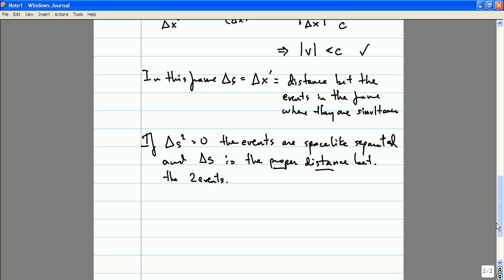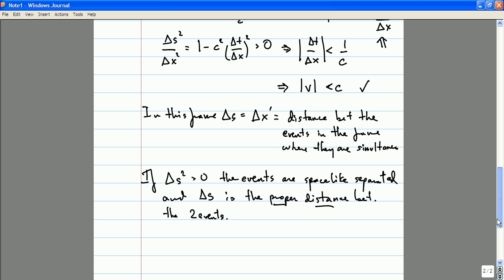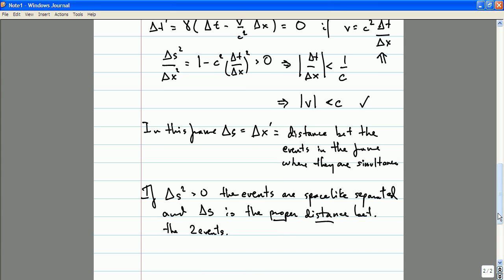Yes? About that, like before that, is the delta T over delta X epsilon over C? Yes. Then shouldn't delta X over delta T be?